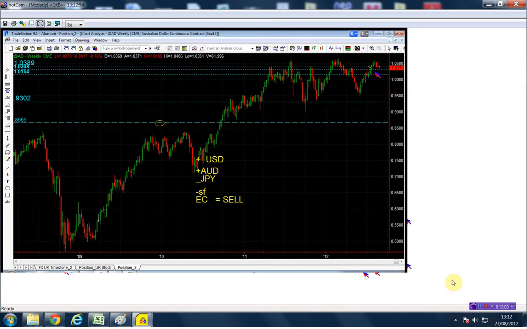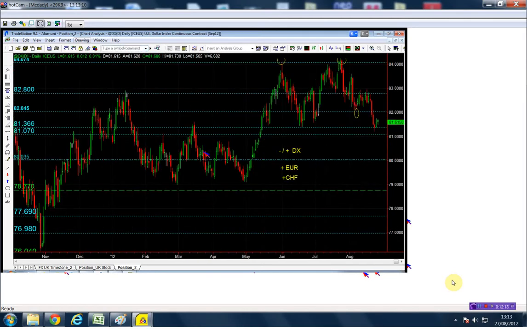So we should be looking at least for another push towards the 101.54. So the one pair with a clear sell signal for us is the Aussie dollar. So this is going to be the pair we're looking to be selling.